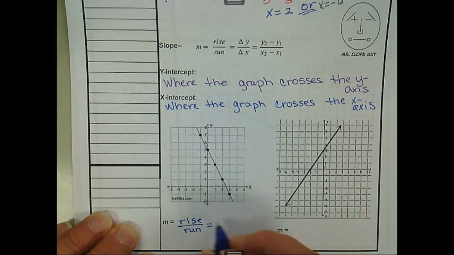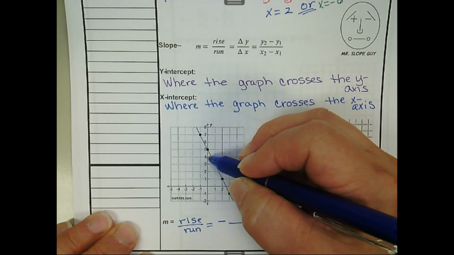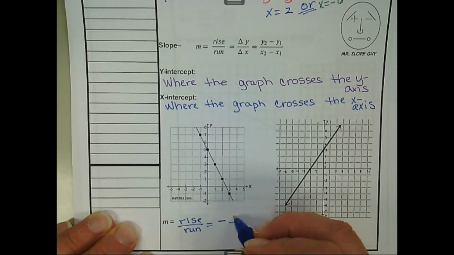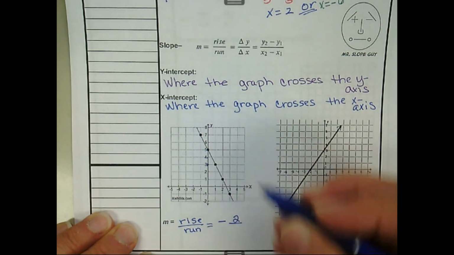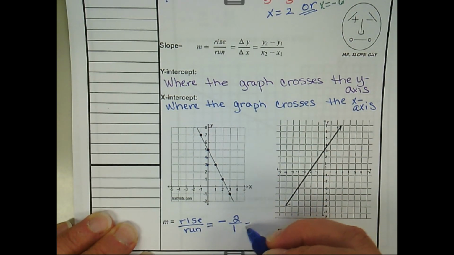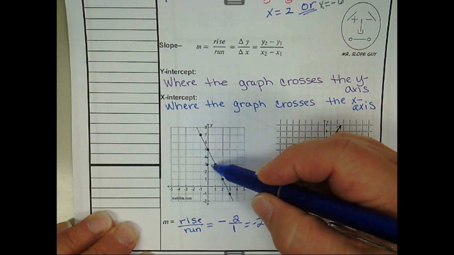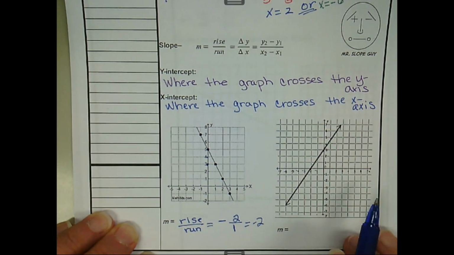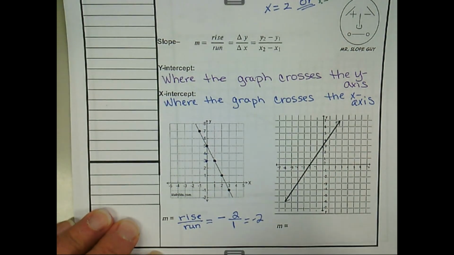This is a negative slope. I count, I go down. I start here with this dot, go down 1, 2. Gone down to here, 1, 2 over 1, which gives me a slope of -2. So I go down 1, 2, I go right 1. Each time you go up or down, and then you go to the right.